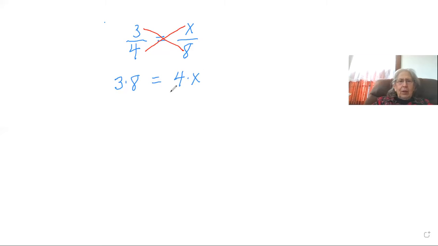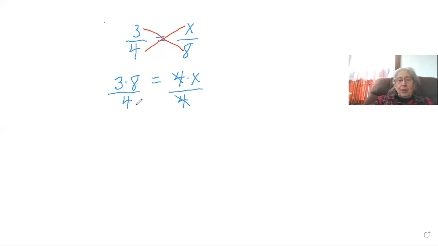Then to get x alone, I have to divide by 4. And from here, oh, and these cancel. Yes, yes. If they don't cancel, we haven't done it right.